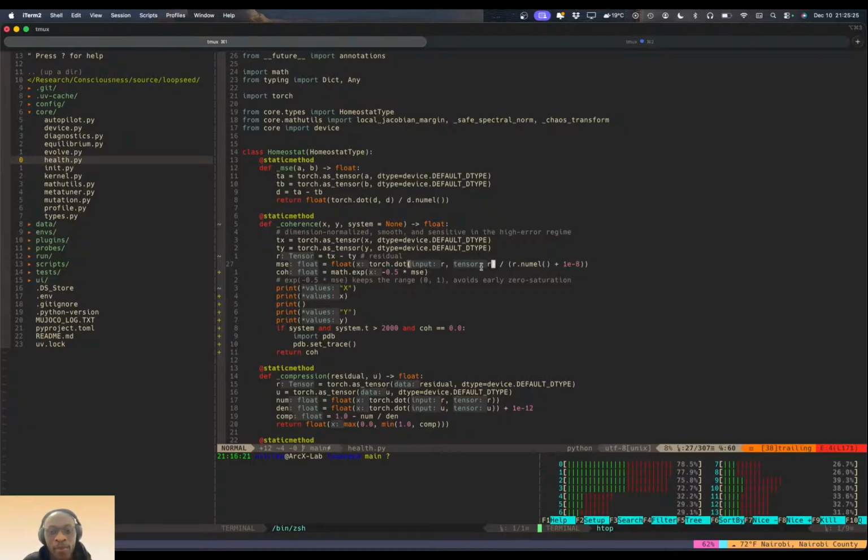You're getting a big value. If the mean squared error is large enough, then when you take the exponential of minus 0.5 times the mean squared error, you get something like e to the minus something. If the mean squared error is a large number, then the exponential of minus a large value is just zero. It underflows.